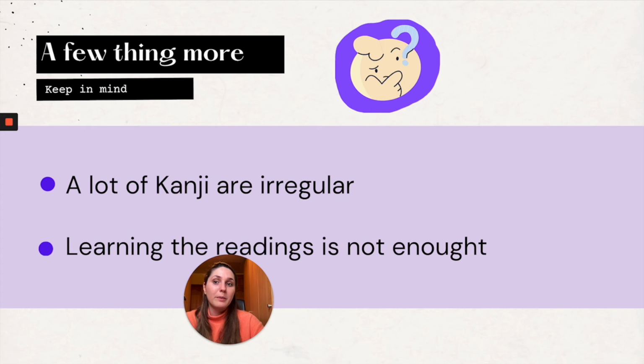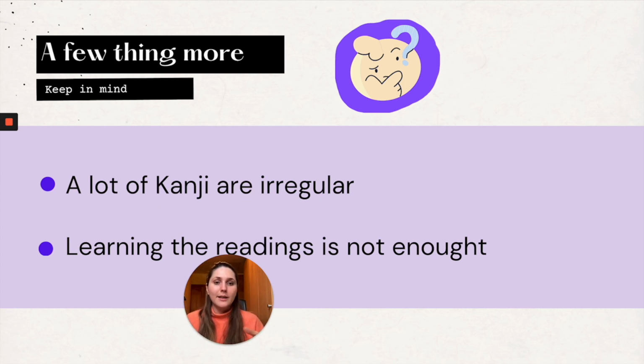A few more things to keep in mind. A lot of kanji are irregular. So yes, you can have learned everything, the kunyomi, the onyomi, how to write it, the meaning, but then you see a word that has this kanji in it, and it's not using the onyomi, it's using, for example, the kunyomi, or just another different way of reading it. For example, the word today would be an example of an irregular reading.